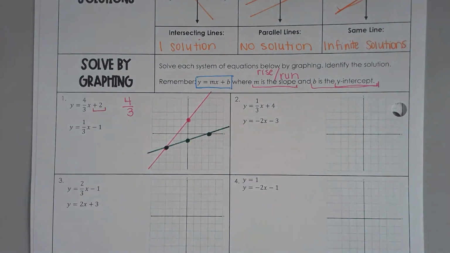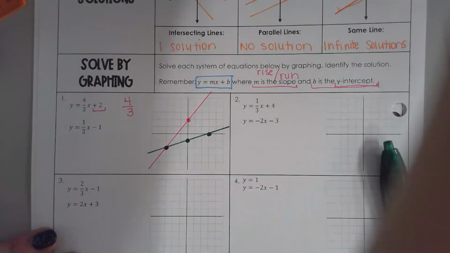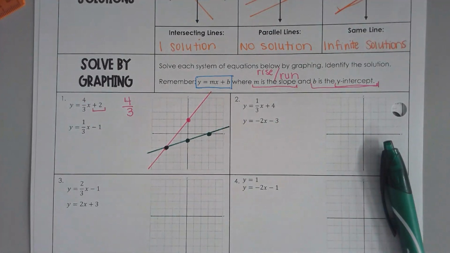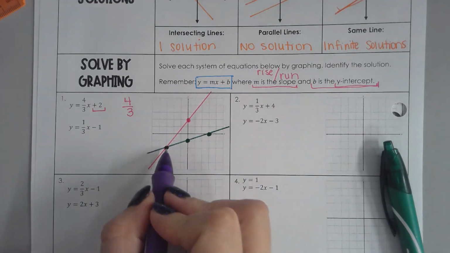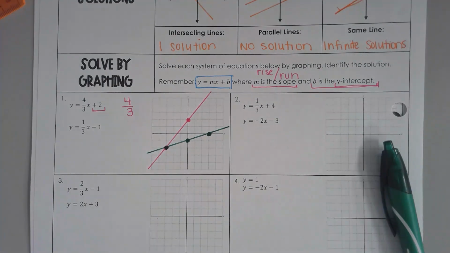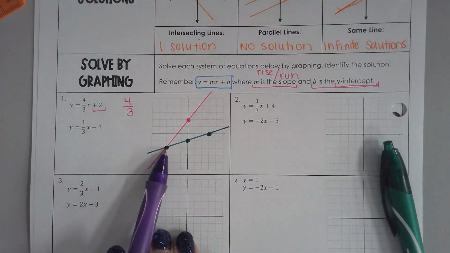Did my 2 lines cross? Yep. What point did they cross at, Janae? What point do they cross at? What is this point right here? What coordinate is that?